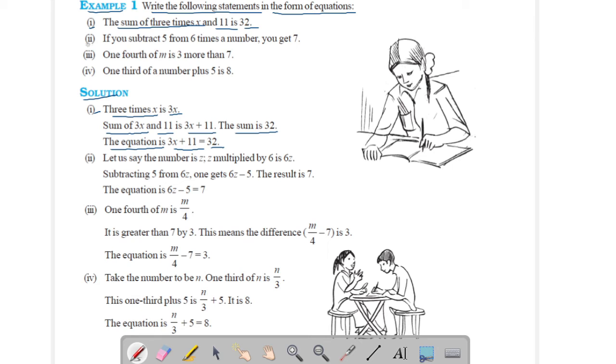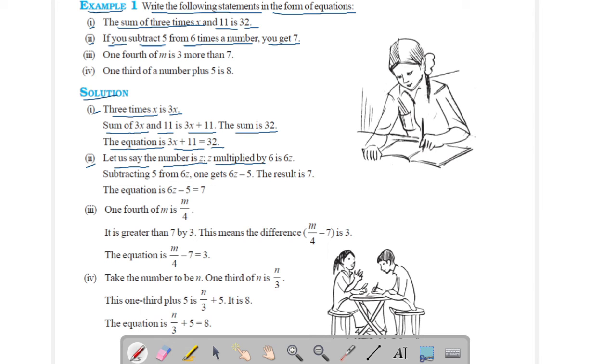Now come to second part. If you subtract 5 from 6 times a number, you get 7. See the solution. Let us say the number is z.